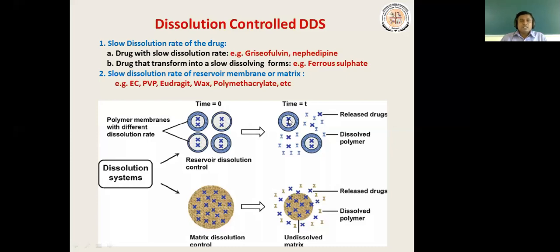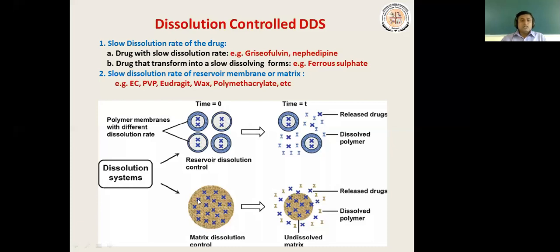For the fabrication of such a drug delivery system, we can generally use hydrophobic materials. These hydrophobic polymers include ethyl cellulose, Eudragit, various types of waxes, or polymethacrylic acid. These polymers are hydrophobic in nature and control the release of the drug from the formulation by the mechanism of dissolution.